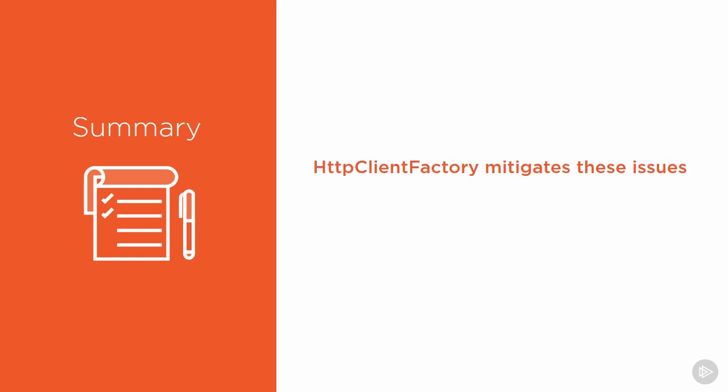It's responsible for creating and managing instances of HTTP client and related handlers, and it mitigates both issues. Currently, it's best practice to use this factory instead of creating instances ourselves. As we've seen in the demos, it supports direct instantiation, named instances, and typed instances. There's no best option here. It really depends on your requirements and/or architecture.